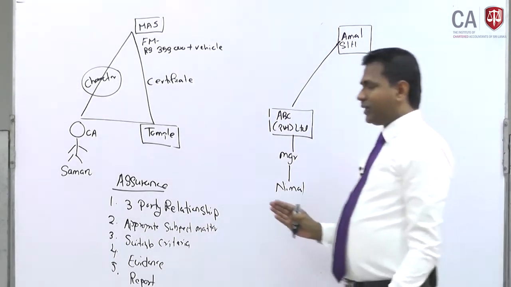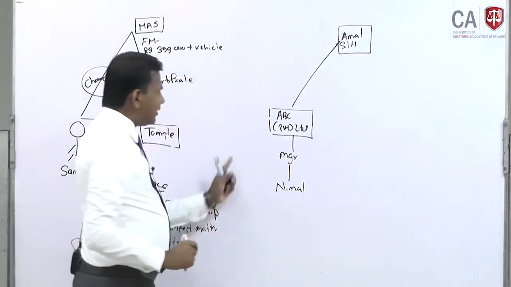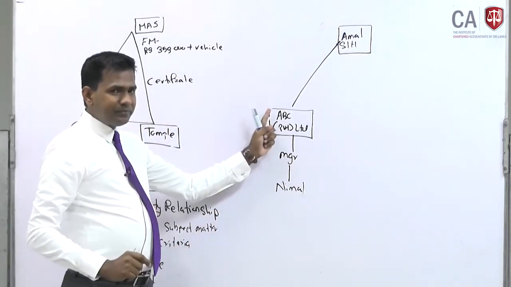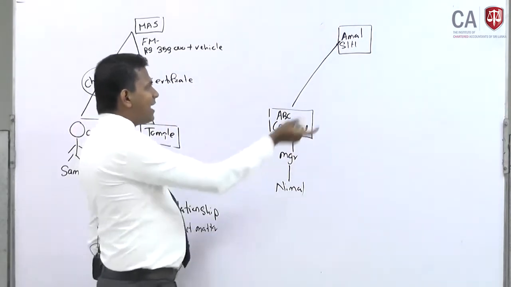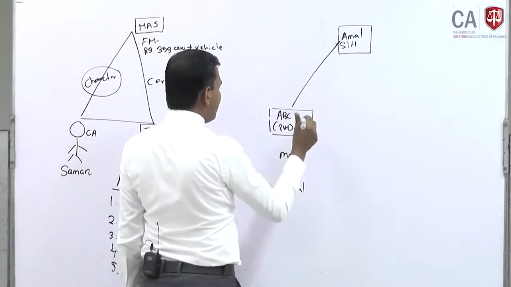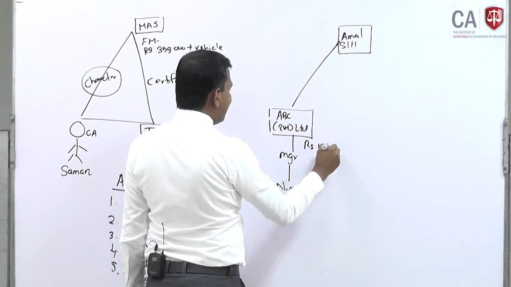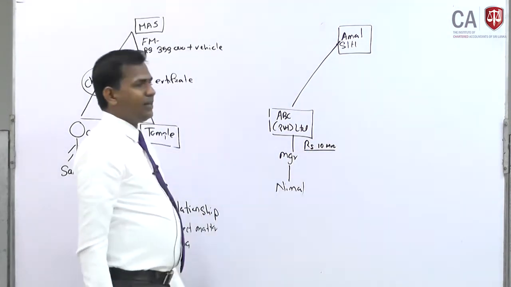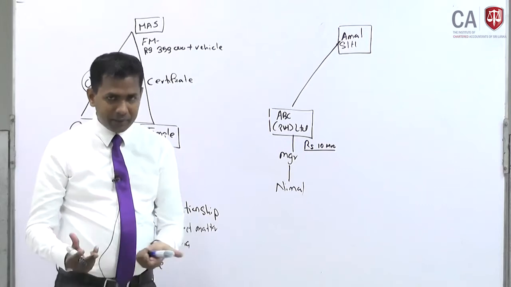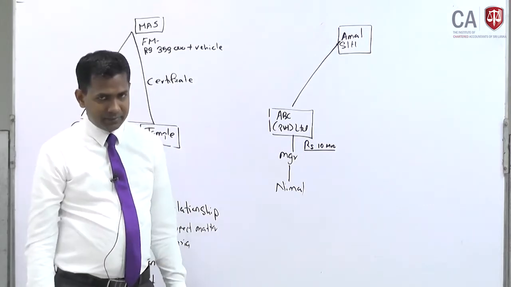Right? So now what's going to happen? In this ABC Private Limited, Amal has invested, shall we say, money of rupees 10 million. Rupees 10 million has been given to the company as equity capital to run the business activities. Right?